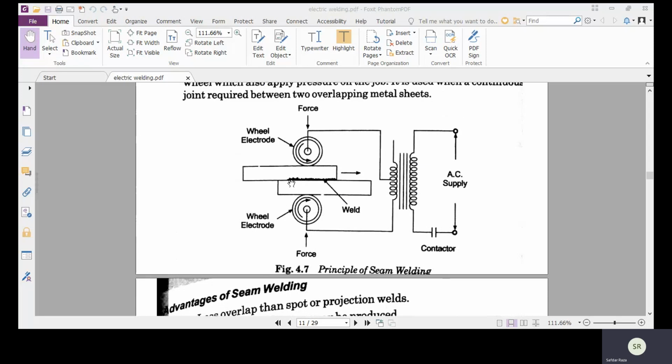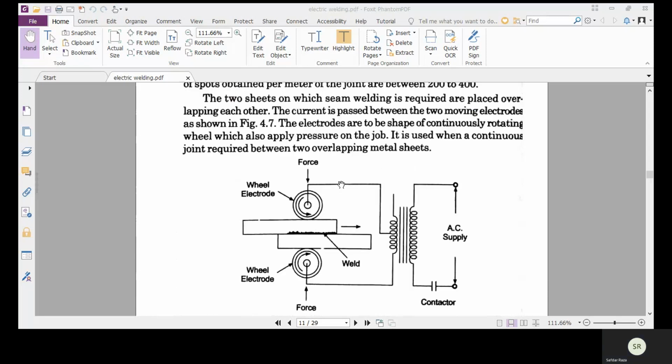But in seam welding, you can see from here that it is a constant or uniform joint. Seam welding is done in order to produce a continuous joint which may be required for the construction of tanks, transformers, refrigerators, gasoline tanks, aircraft, containers, and cylindrical pieces.